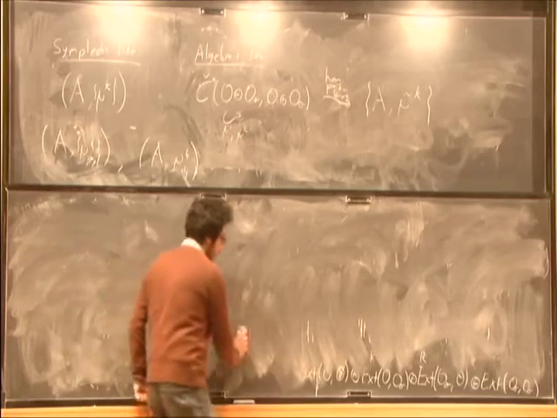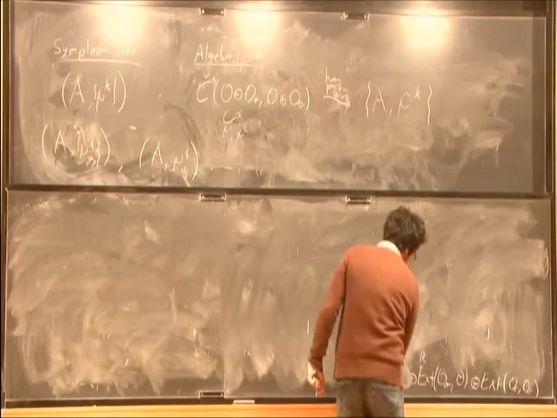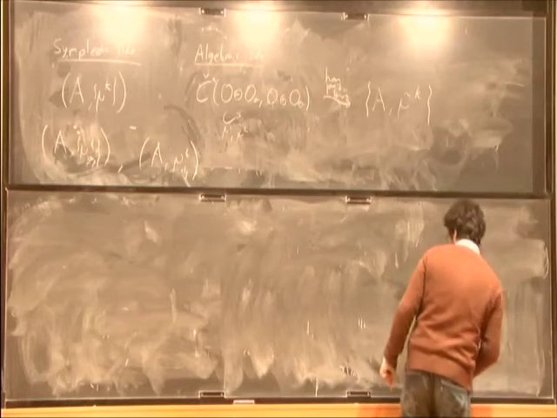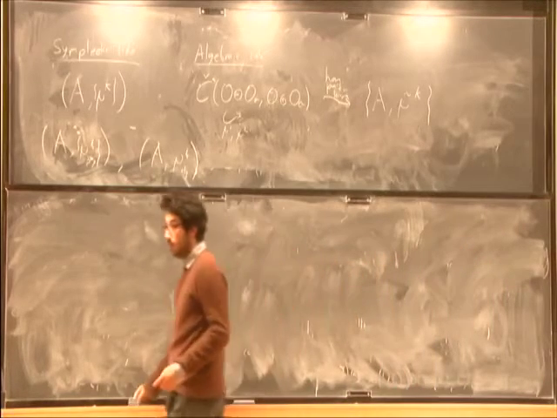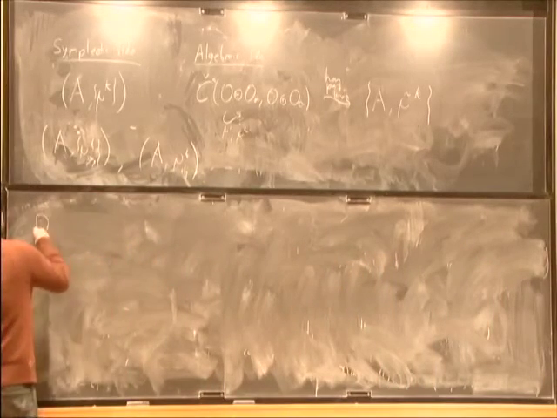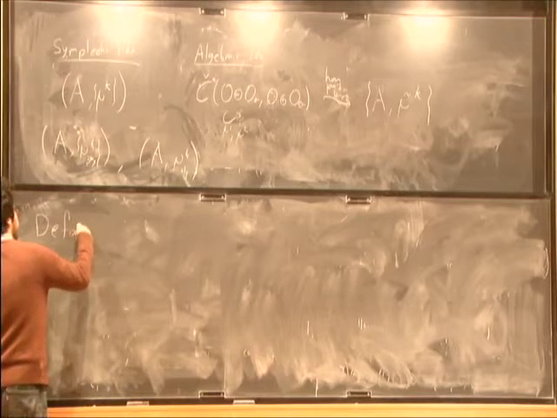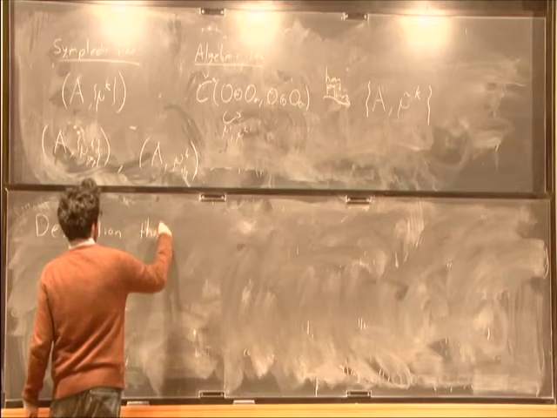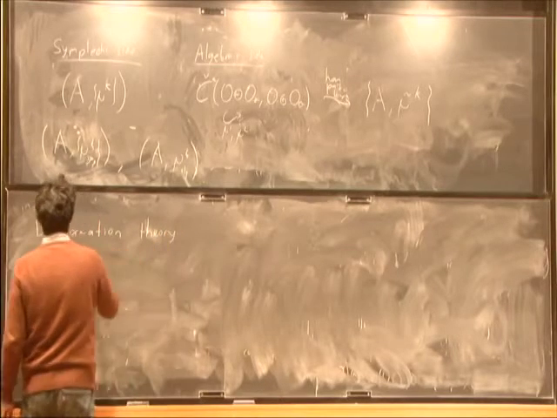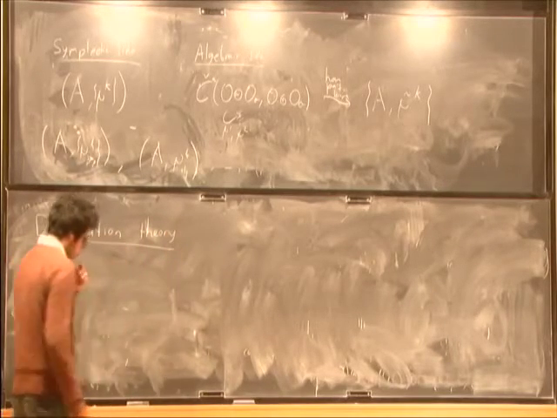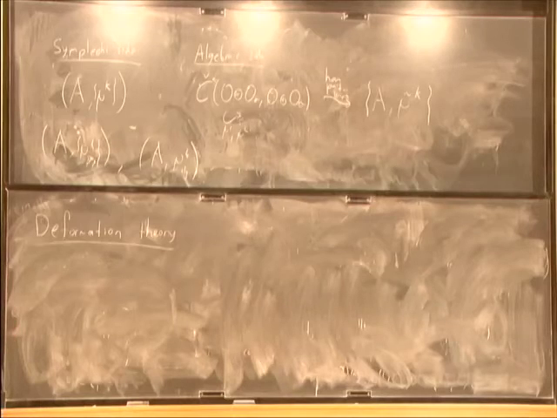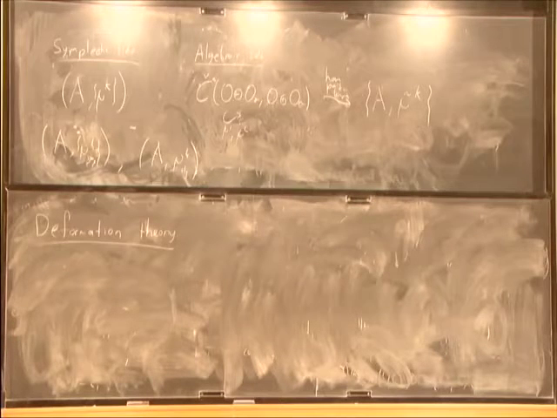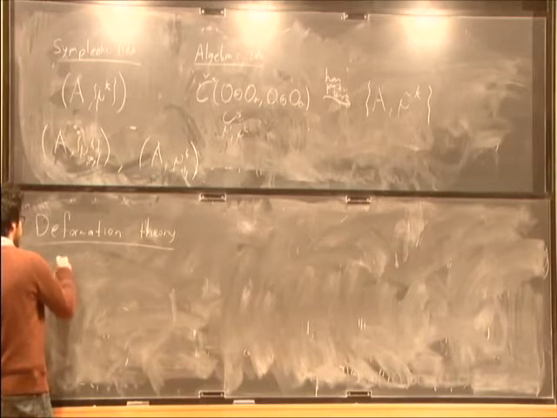Well, here a great machinery comes in, which is deformation theory. So here is a general form of an elliptic curve.